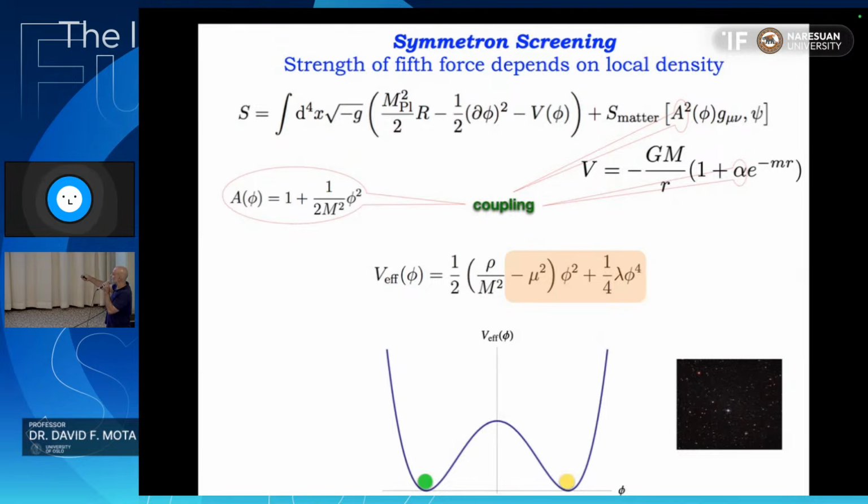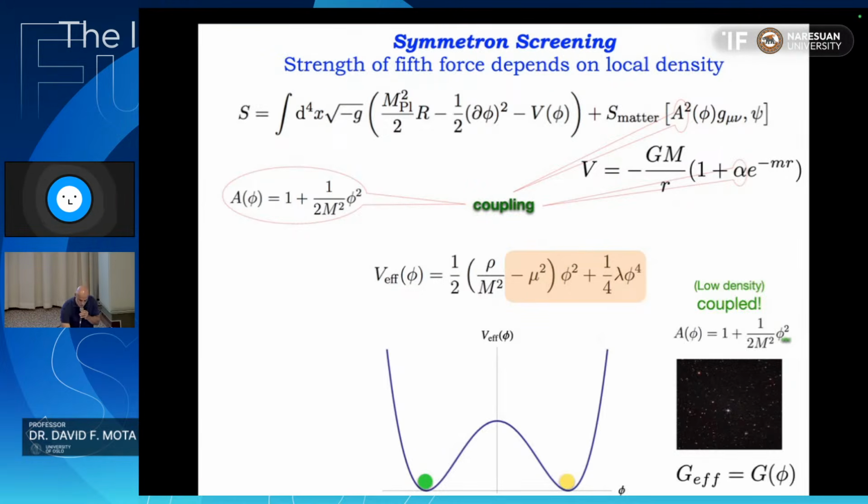So the scalar field acquires a non-zero vacuum expectation value. Yes? So this is a non-zero vacuum expectation value. So what it means is that in the conformal coupling, A of phi, phi is not 0 anymore. We have a VEV, a vacuum expectation value.